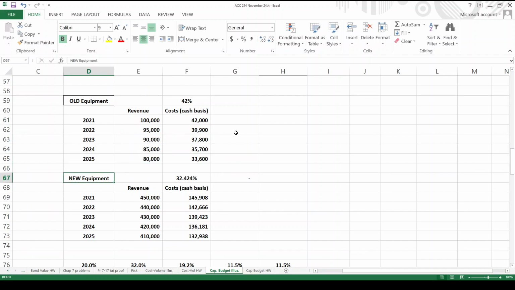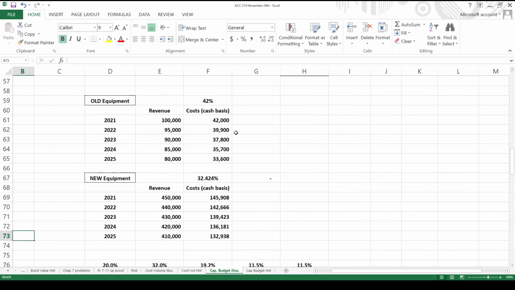If we get the new equipment, we anticipate revenue of $450,000, which descends by, it looks like, $10,000 a year. And our cash out-of-pocket costs, that'd be cost of goods sold and any other cash cost or expense, is this wacky percentage. And there must be a reason for that wacky percentage. And of course there is, but we'll get to that. All right, so there we have it.